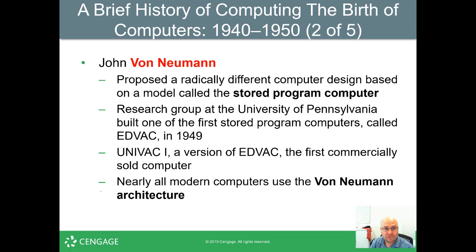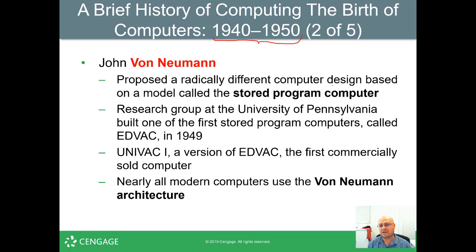All right. So, the birth of computers. We are now in the next phase of computers, the birth of computers from 1940 to 1950. One of the key figures in the development of computing, and we are going to spend an hour talking about his design, the von Neumann machine, is John von Neumann.